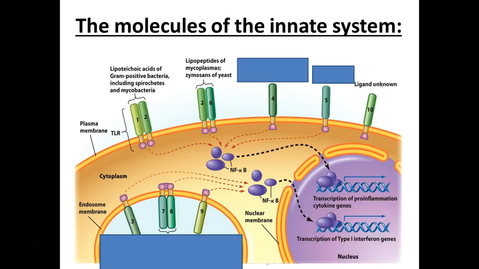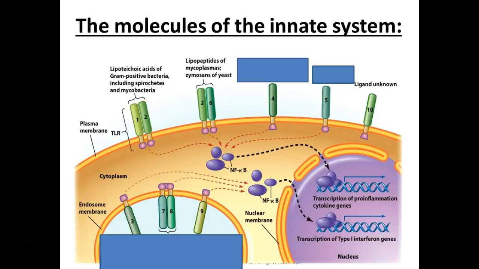Lipoteichoic acids. Right, so this is a molecule found on who? Gram-positive bacteria. Right? A lot of spirochetes have this. A lot of mycobacteria, because they're gram-positive as well. They have this common molecular pattern, right? These molecules. So they have found out that these receptors, Toll1 and Toll2, specifically recognize that substance, right?